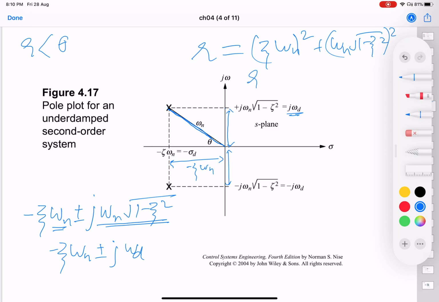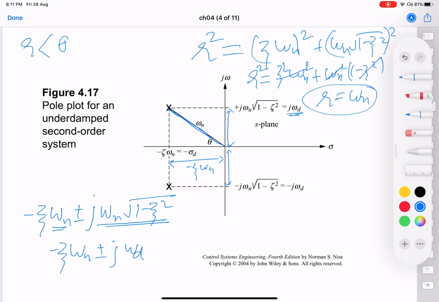So r square is zeta square omega n square plus omega n square times 1 minus zeta square. The zeta square omega n square terms cancel out, and you get r is equal to omega n, right?